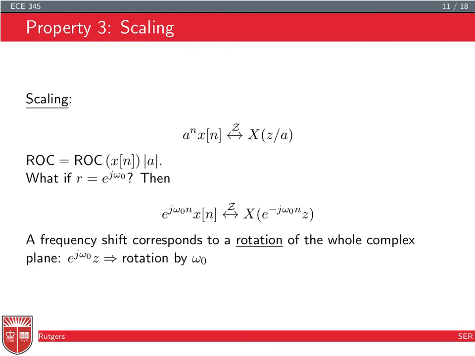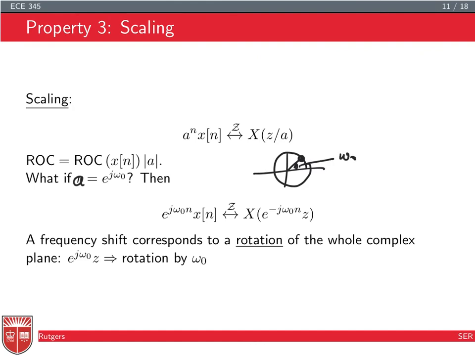An interesting thing is when I choose a, the constant, to be e to the j omega 0. This is a complex number which is on the unit circle, and the angle is omega 0.